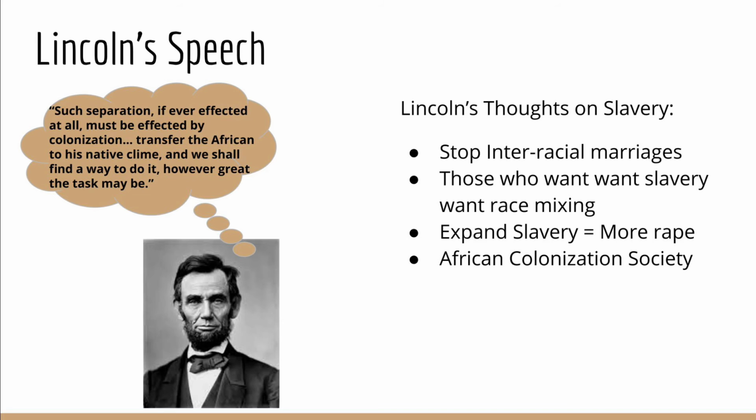Finally, Lincoln suggested that if slavery were to be abolished, the best way of handling the abolishment is to set up a colony in Africa for the people to return to. Lincoln states the following in his address: "Such separate, if ever effected at all, must be effected by colonization. Transfer the African to his native clime, and we shall find a way to do it, however great the task may be."